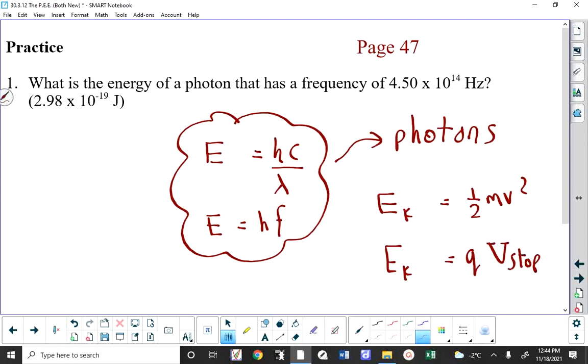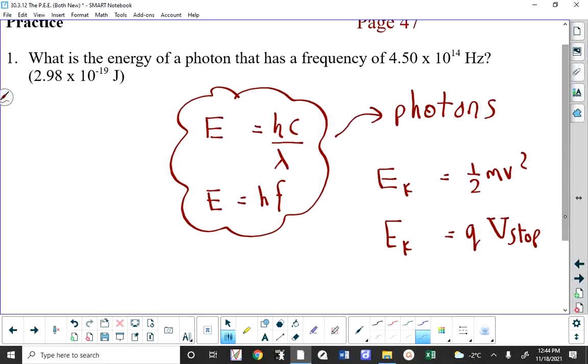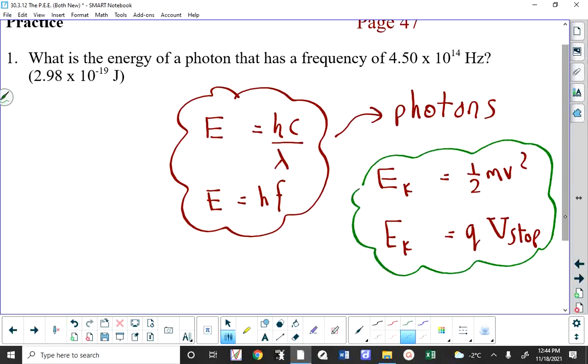It might say Ek max on this formula, but it's not really that important. Don't let it confuse you. The bottom formula is designed specifically for electrons during the photoelectric effect. The top formula is designed for any particle with mass, which an electron is included in. So these are formulas you can use for electrons.